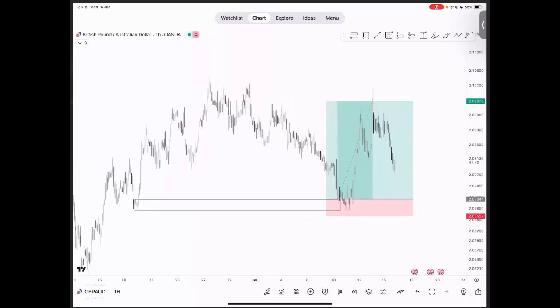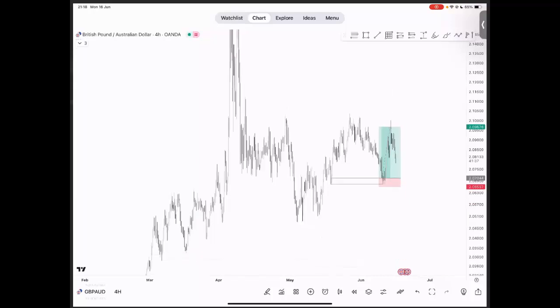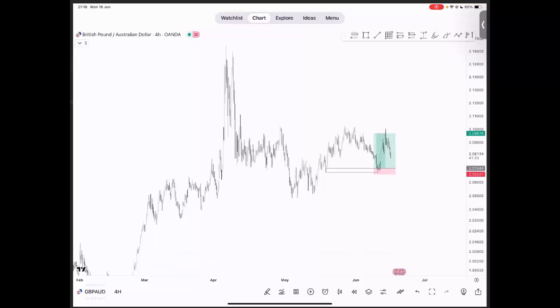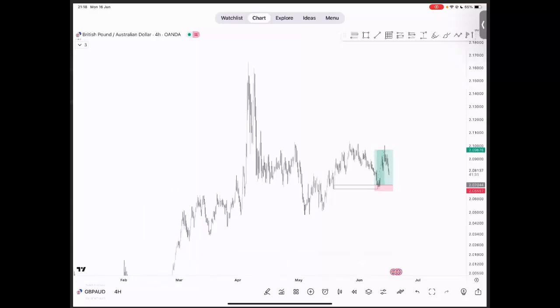Your sweep, every one of your six validations. All right. I told you the next thing you do is to go to the 4 hours to make sure that what you're doing on the 1 hour is in the 4 hours discount or premium, depending on whether you're buying or you're selling. I think this was the last low before the high, right? So if this is the last valid point, I'm going to pick out my Fibonacci tool and map it out.